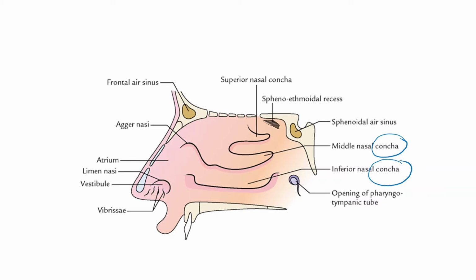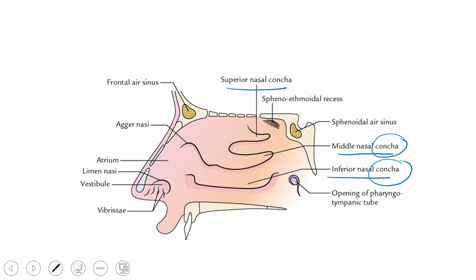There are three conchae, named the superior nasal concha, the middle nasal concha, and the inferior nasal concha. They are the bony elevations seen along the lateral wall of the nose.